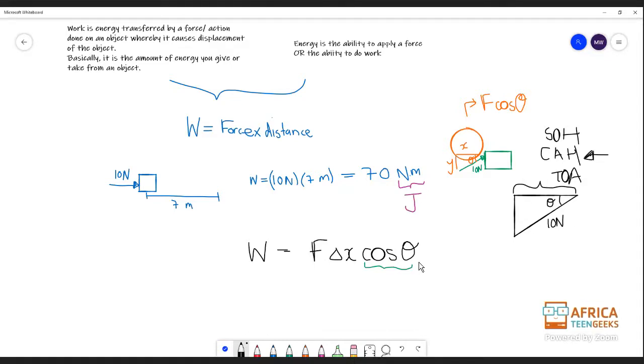And that is why we use cos. Your F in this case is just the size of your force. Your distance is always measured in meters, and it's the change in the distance, so how far it has traveled from the start. And your cos theta accounts for the angle at which the force is being applied.